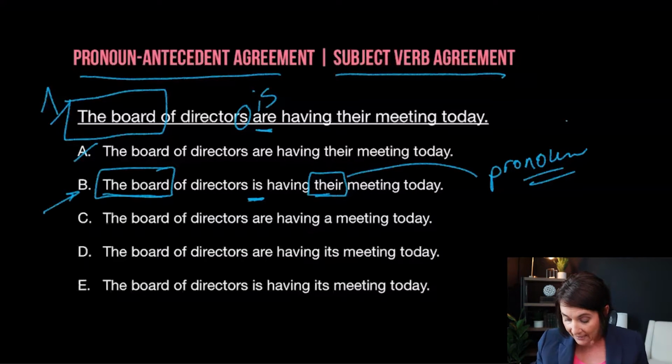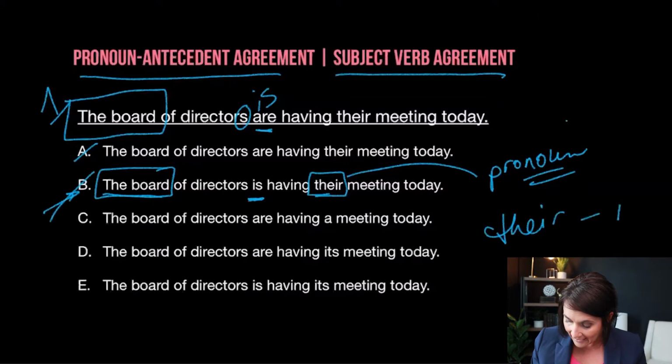So that is a problem. So B is out. I know it sounds weird, but there is not correct. It should be its. There, to make it singular, should be its. Possessive, not it is, it's possessive. So the board of directors is having its meeting today.